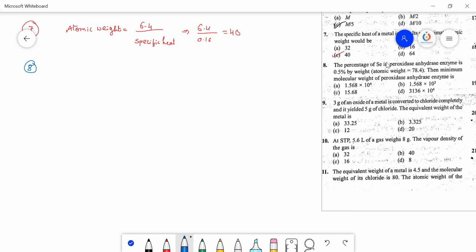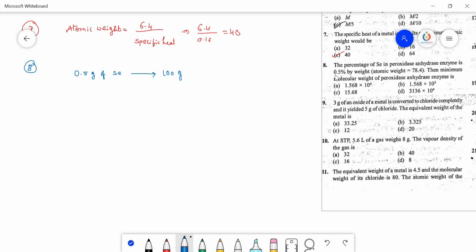If you consider the total mass of the enzyme is 100 grams, in that 0.5 grams is selenium. Then at least, if you imagine only one selenium is present, that must be 78.4 grams. So 0.5 grams of selenium is present in 100 grams of the compound according to the given percentage.